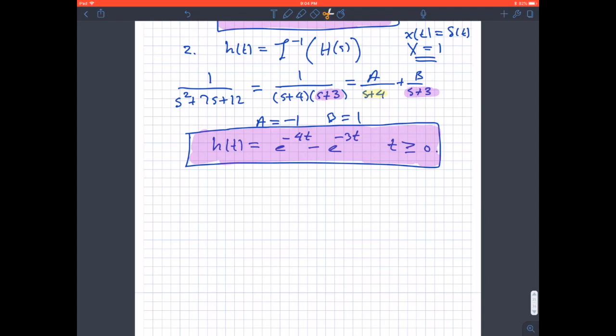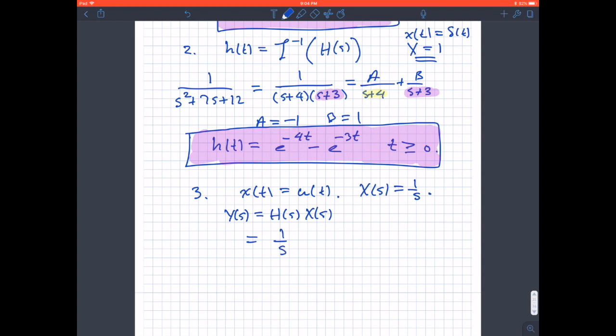This is the solution to the third part of problem 9. In the third part, you're looking at the step response, so we know that x of t is u of t, and so that means X of s is 1 over s, and since Y of s is H of s times X of s, we can write down the Laplace transform of y.